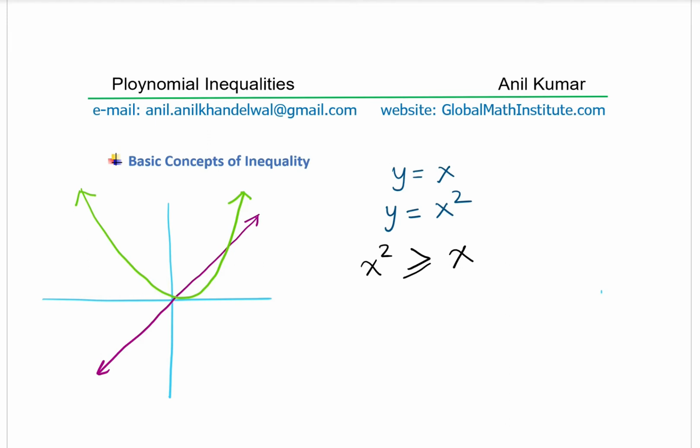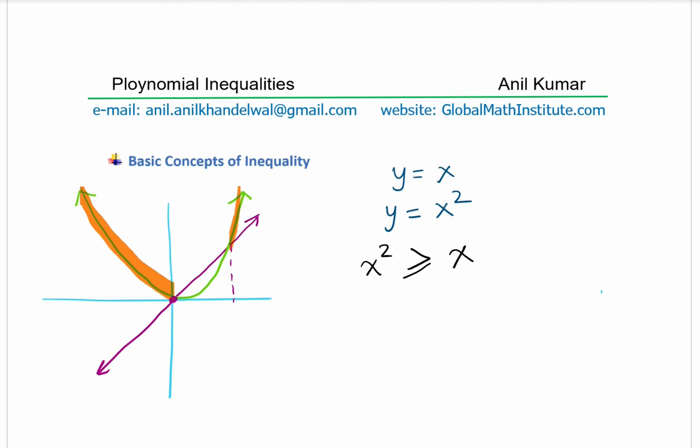When we say x squared is greater than or equal to x, we are interested in the part of the parabola which is above the line. This part we are interested in, which you could also shade, and these are your points of intersection. We are always interested in the x values, which is right here.